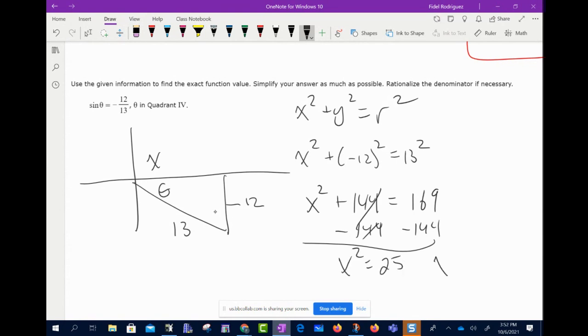That's 25. So what do you think x is going to be equal to? Everybody agree it's going to be a positive 5, because in quadrant 4, x is positive?